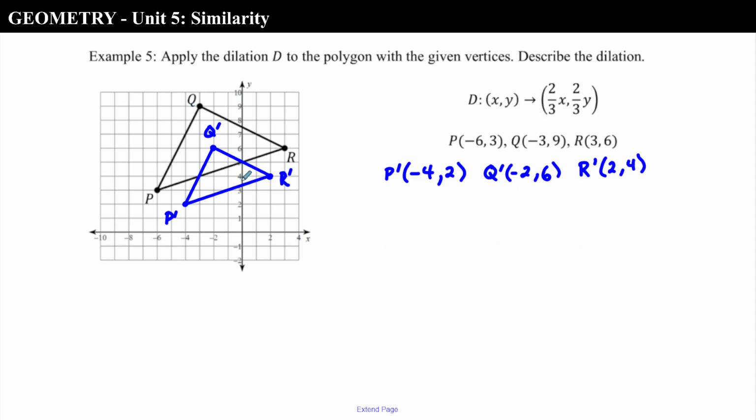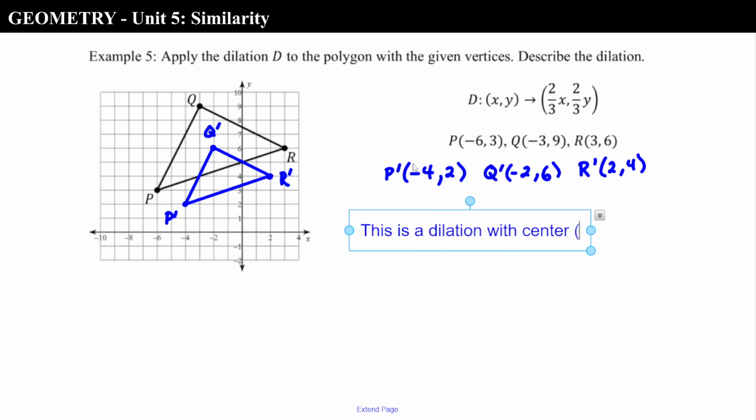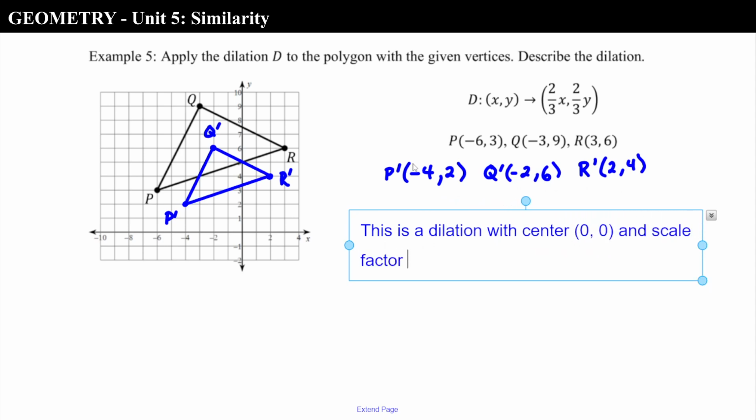And you notice that the figure is smaller, and that would make sense because we have a dilation factor of less than 1. So to describe it, this is a dilation with center 0, 0 and scale factor 2/3.